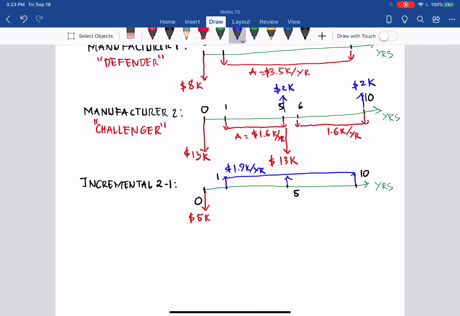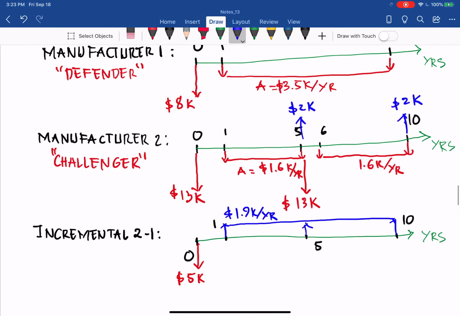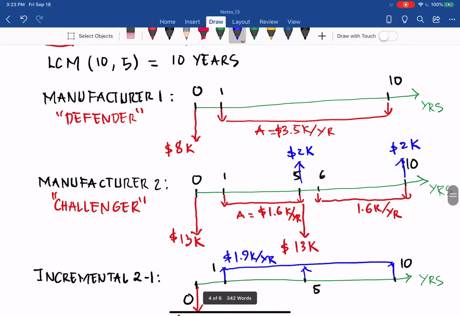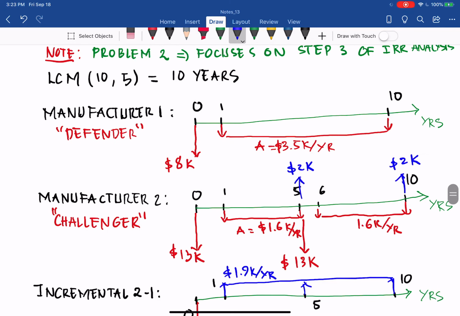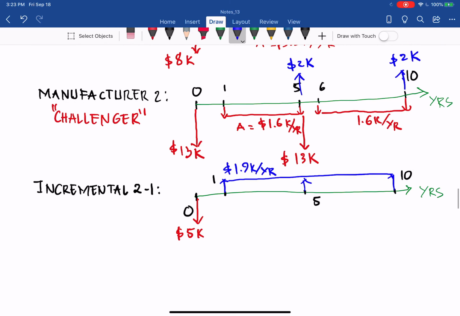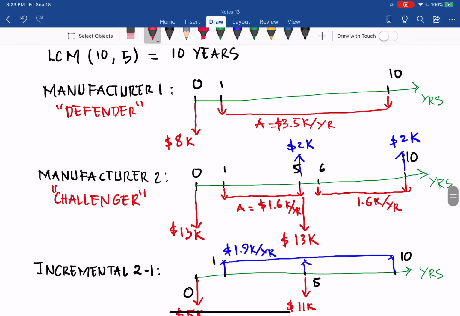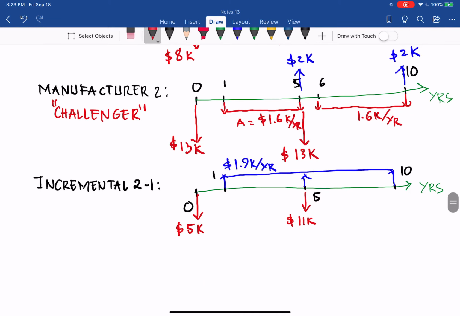And then at year 5, in manufacturer 2, you have negative 13 plus 3, so you plus 2,000, which means you have 11,000 going down at year 5, nothing at manufacturer 1. At year 10, manufacturer 2 has positive 2,000 minus 0, so here it has 2,000.